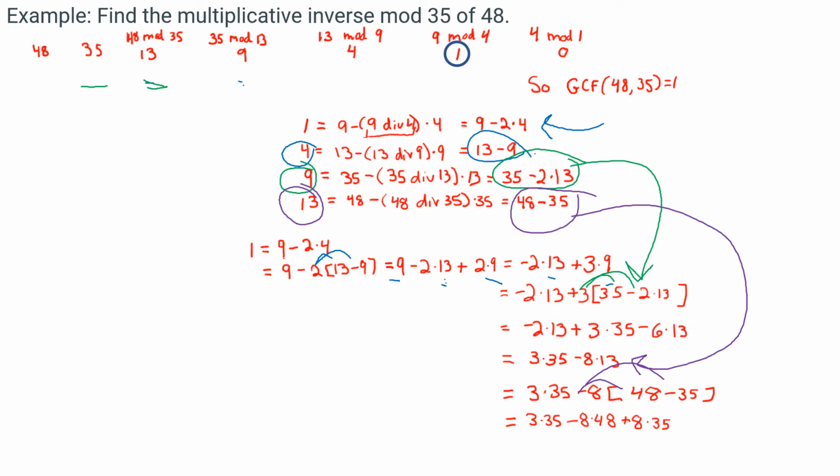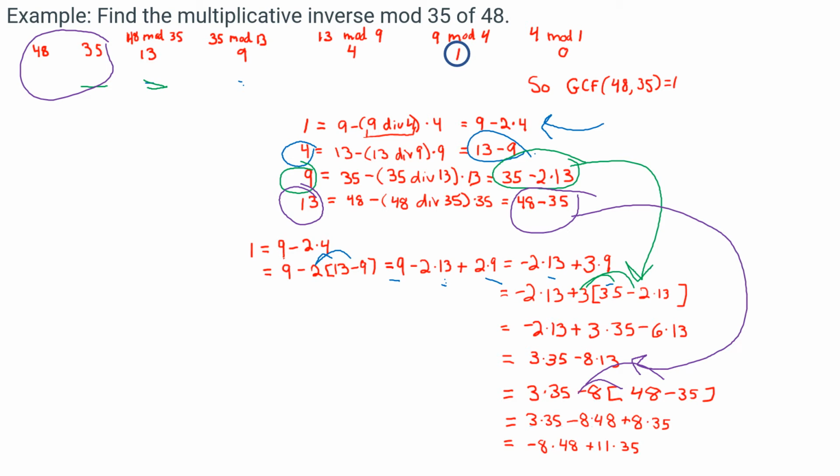Negative 8, you can look at that minus 35 as a negative 1 times a 35, so negative 8 times a negative 1 is a positive 8. So we have 8 35s. And this is good because now we're finally seeing a combination of the 48 and 35s, except we need to combine the 35s. So there's negative 8 of the 48s, but then there are 11 of the 35s.